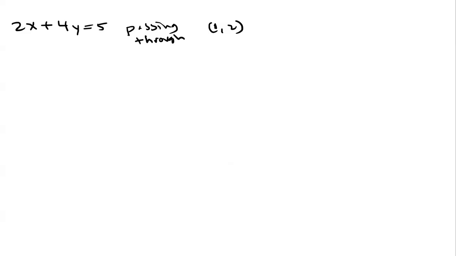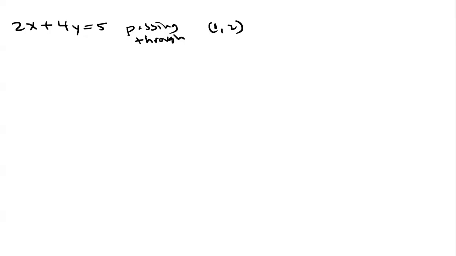Okay, we're running out of time here, so let's go through this. We have 2x plus 4y is equal to 5 and it's passing through the point 1, 2.